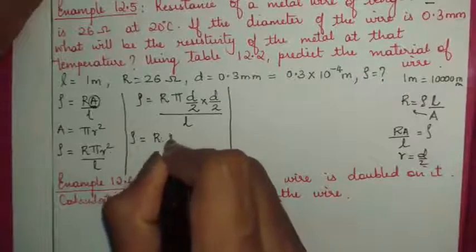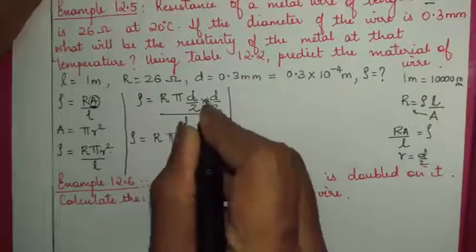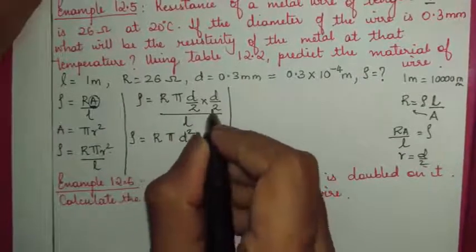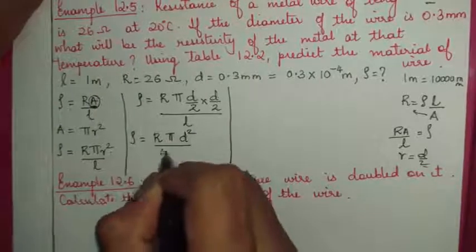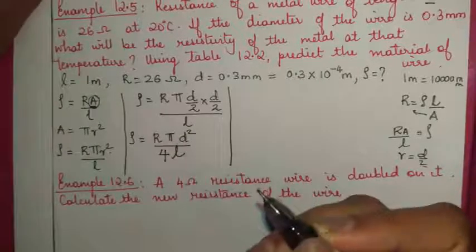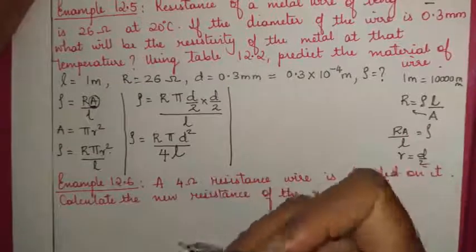R pi d multiplied by d will be d squared, 2 2s are 4, and L we can write here. So this becomes my formula.